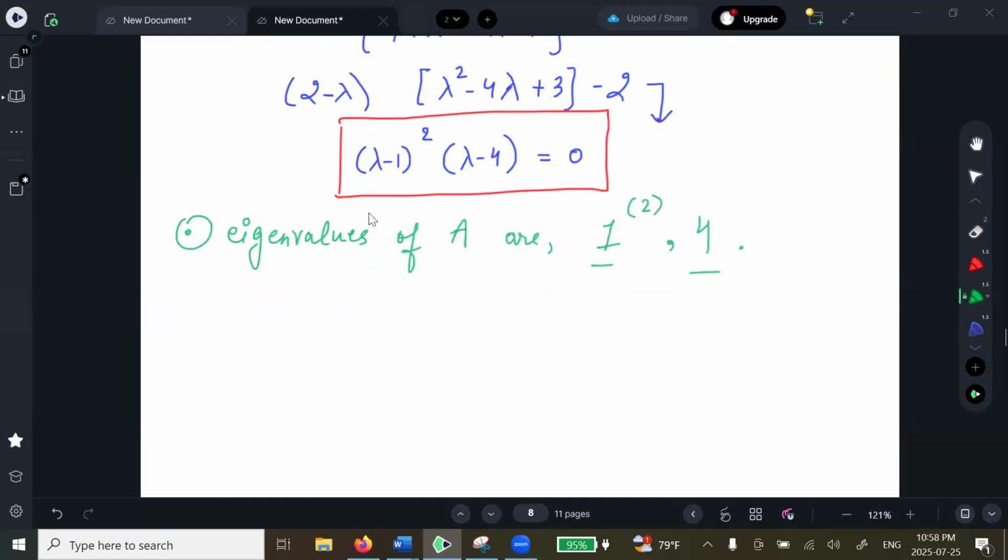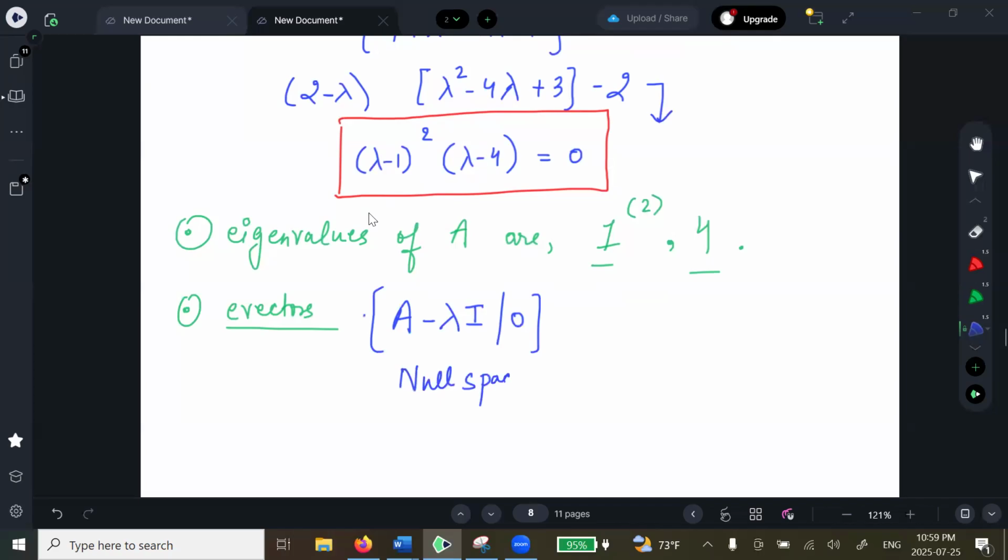How do I find the eigenvectors? Eigenvectors, sorry, suddenly my screen is a little lagged here. Eigenvectors, I have to find A minus lambda I augmented with a 0 and find the basically null space, right?